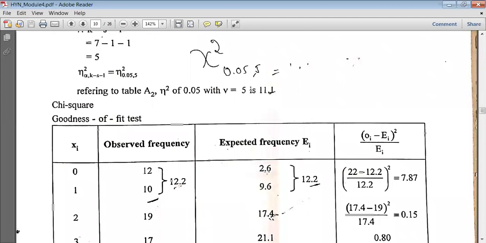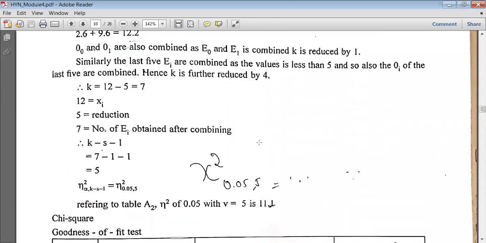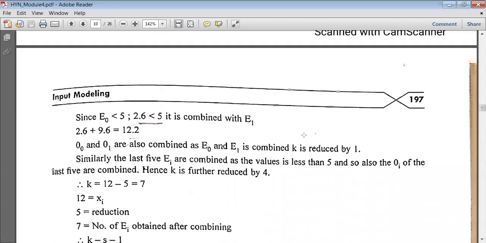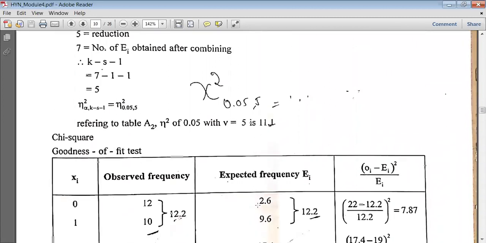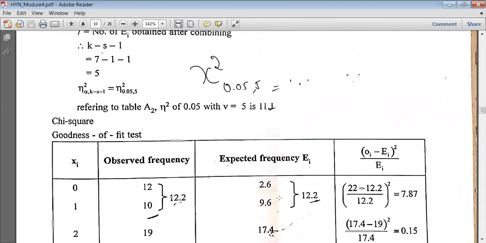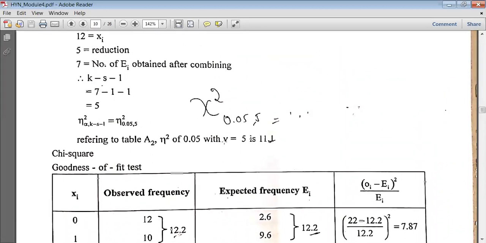What we do is we first check the first value of Ei. It is 2.6. 2.6 is less than 5. Any value which is greater than or equal to 5, you have to accept it.